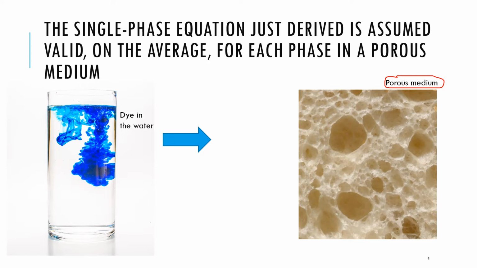When we apply it to liquid in porous media, for example the liquid in the porous matrix, then the liquid is averaged over a representative elementary volume, or REV. The discussion about the representative elementary volume is in the first module of this porous media series.